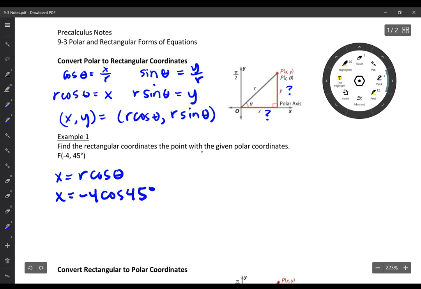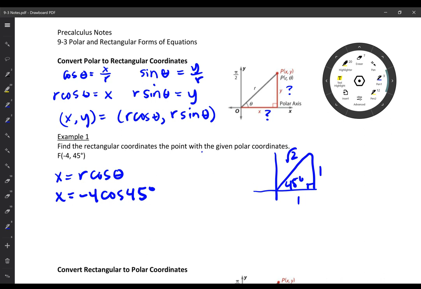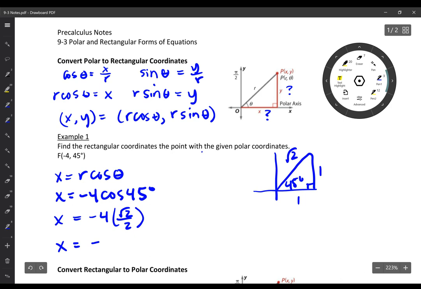I'll just draw a 45-degree angle; I don't have to actually plot -4, 45. There are different versions of the 45 triangle; we like square root of 2 over 2. So the cosine of 45 degrees is root 2 over 2, and I have -4 times square root of 2 over 2, which is -2 square roots of 2.